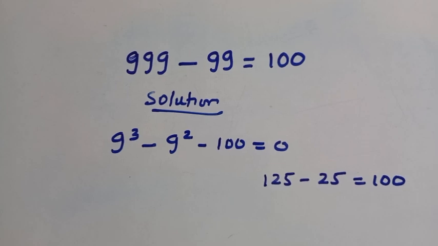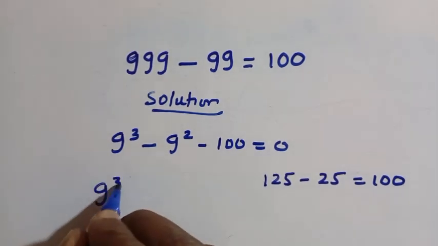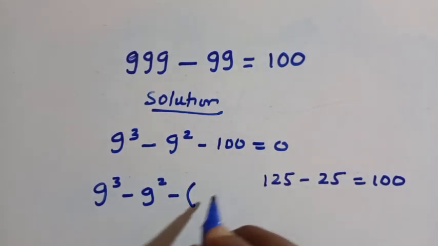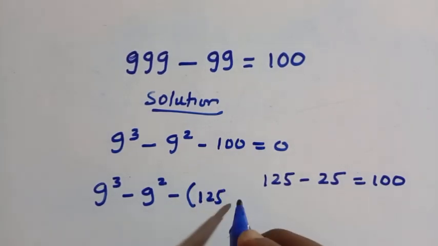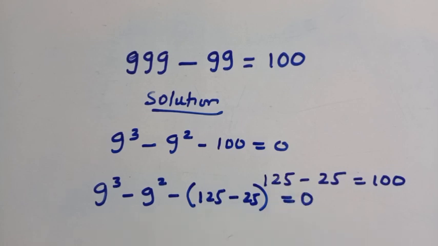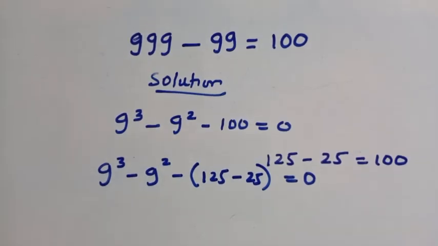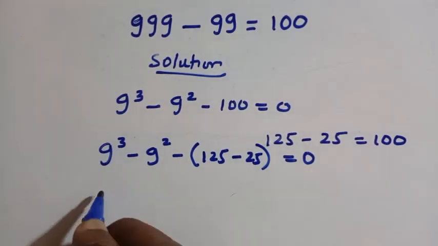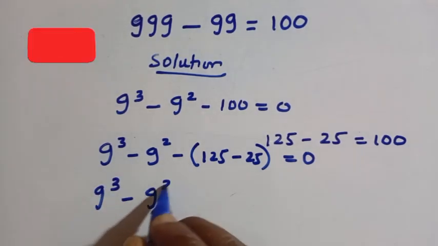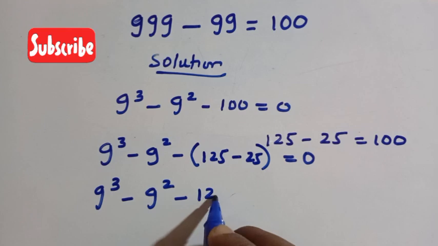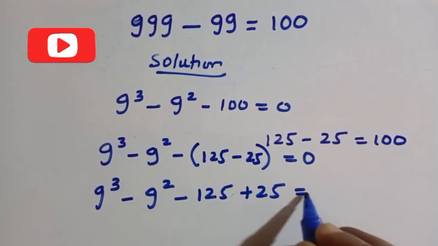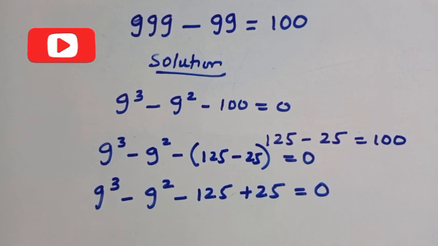Then from here, we have g raised to power 3 minus g squared minus open bracket 125 minus 25 equals 0. Then when we open this parenthesis, we have g raised to power 3 minus g squared minus 125 plus 25 equals 0.